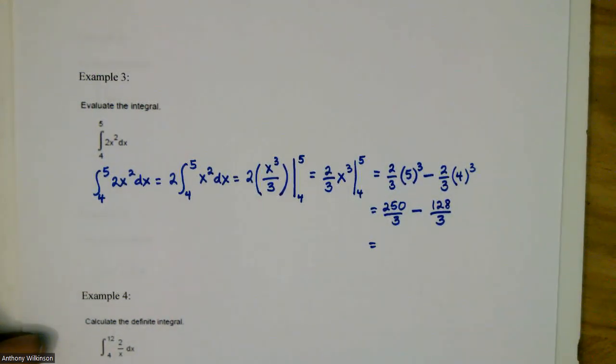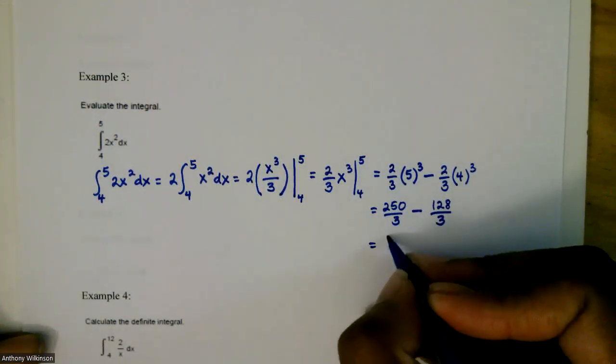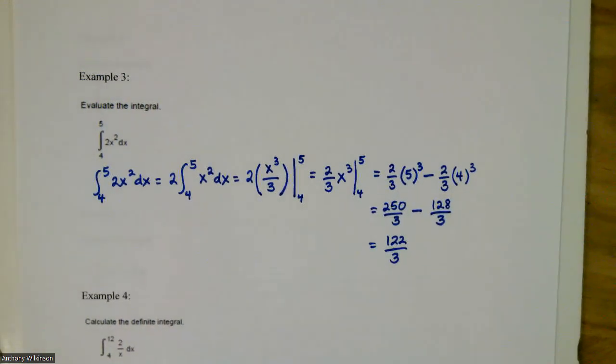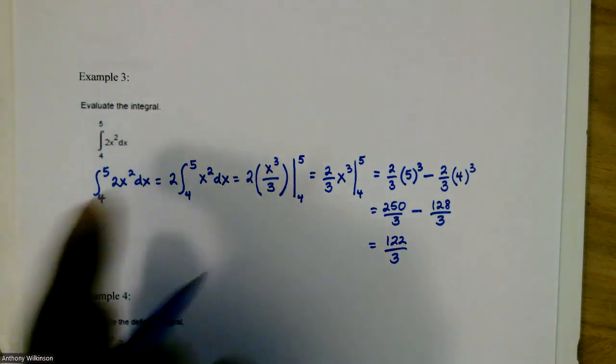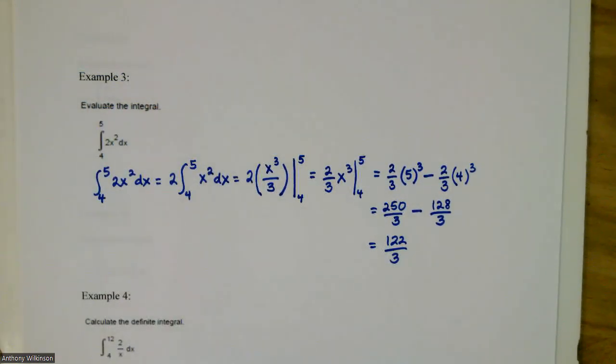Subtract 128 over 3 from 250 over 3, you'll get 122 over 3. So the integral from 4 to 5 of 2x squared dx will be 122 over 3. That represents the area of this curve between 4 and 5.